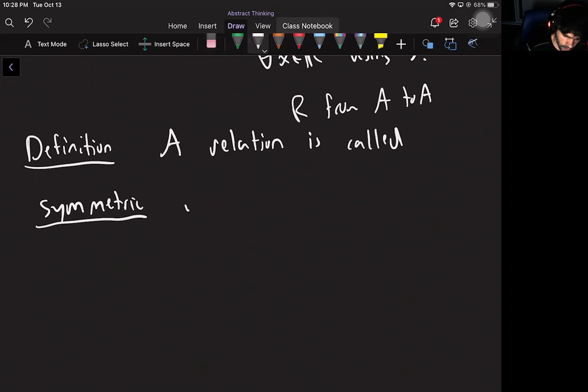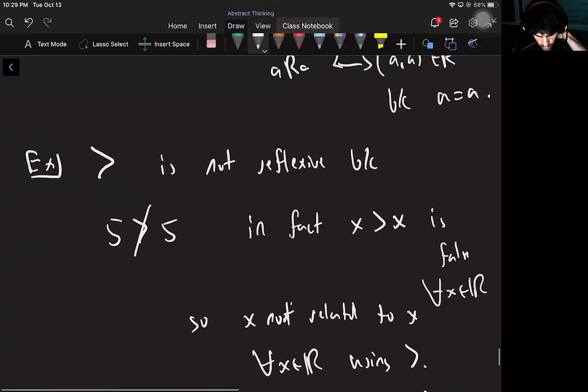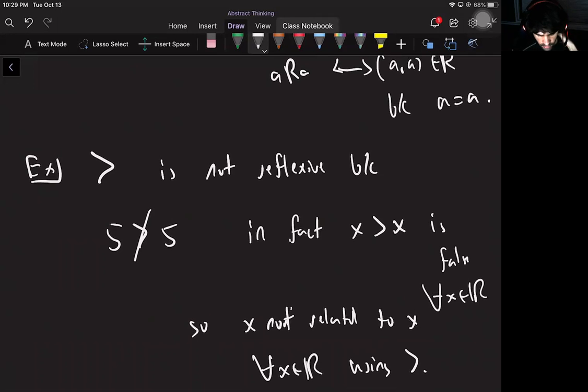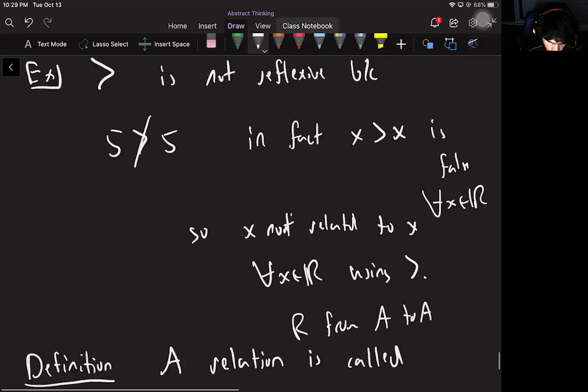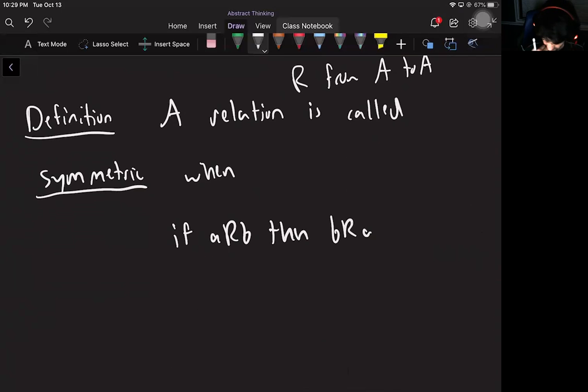So I want to be very clear right here that this property is an if-then property. Whereas up here, reflexive is a for all property. So to be reflexive, every single A has to be related to A. Over here, symmetric is going to be an if-then property. So you just have to check that the conclusion follows from the hypothesis. So you're not worried about when the hypothesis doesn't happen. Okay, so here's the definition. If A is related to B, then B is related to A is true.